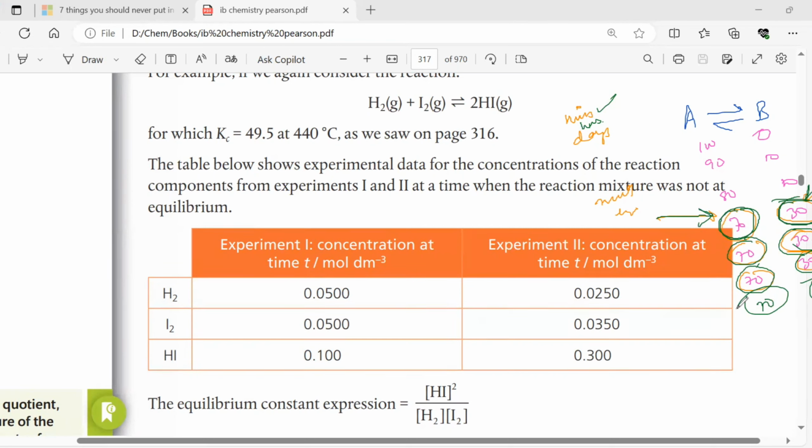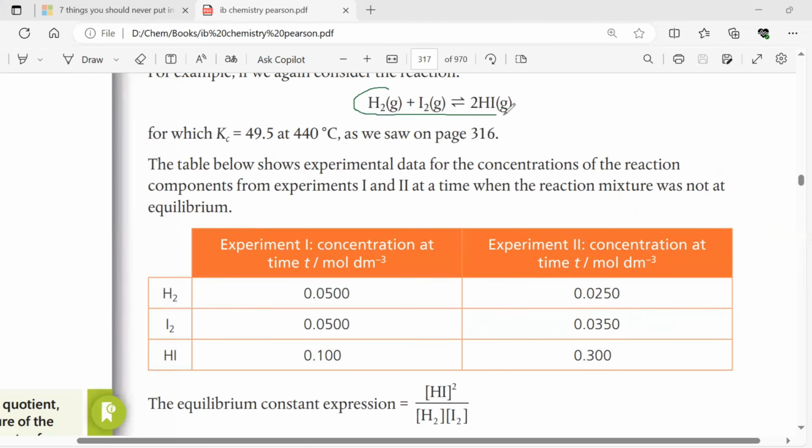Now, the next thing: for any equation which is given, all reversible reactions have a literature value of the equilibrium constant at a particular temperature.